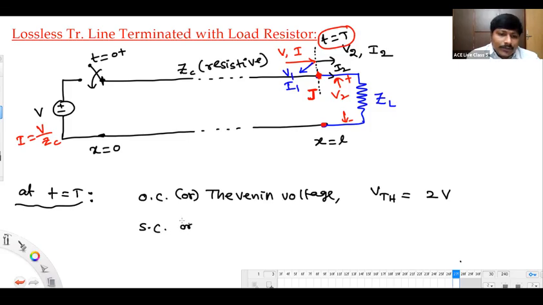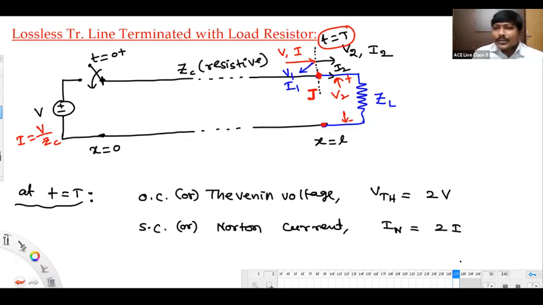The short circuit, or Norton current, IN or ISC, how much is that? 2I. You get that just from the study of the short circuit line. Now, the ratio between these two is the Thevenin impedance with respect to the x equals L location, at the time capital T only. This is valid only for the time t equals capital T.